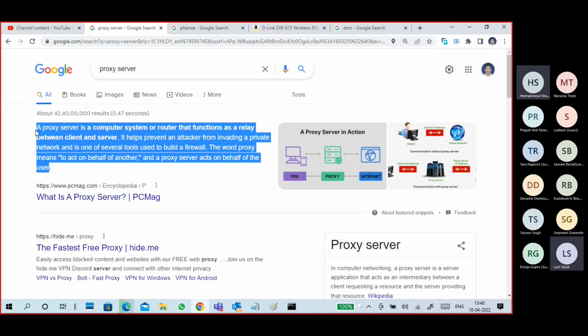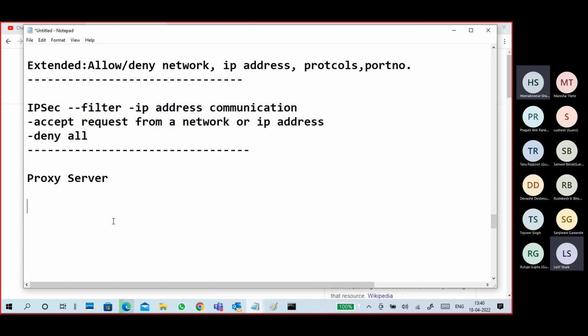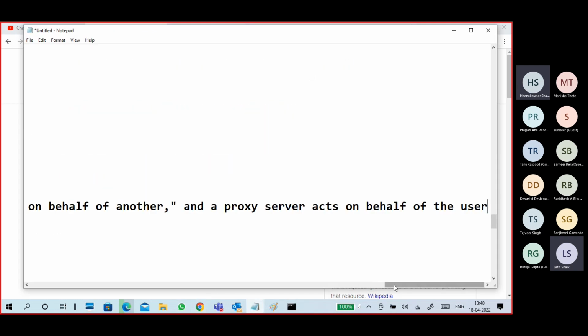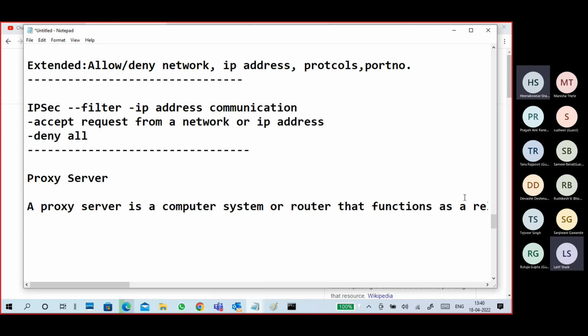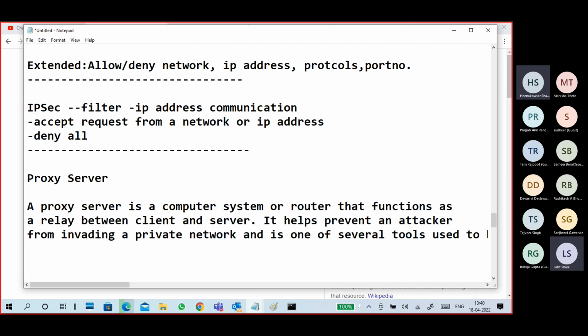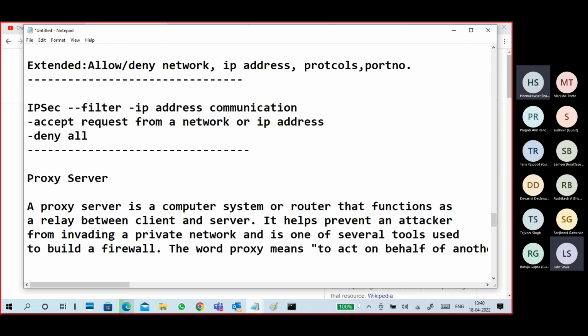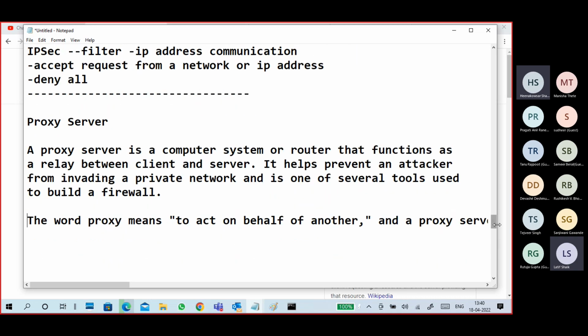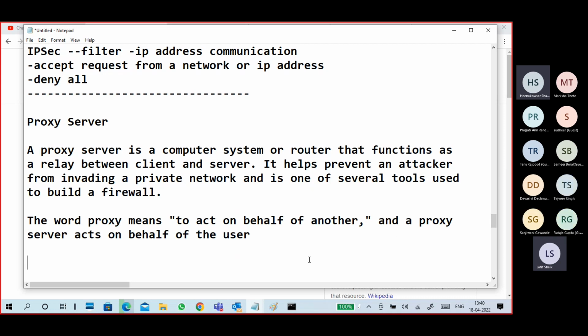It means on the internet, people don't know your actual IP address, your network or anything. People think your proxy server is the client. So whenever they want to reach you, they can only reach up to the proxy server. They cannot go further.